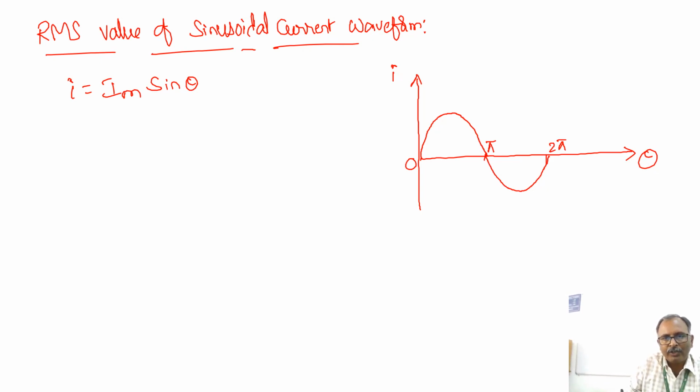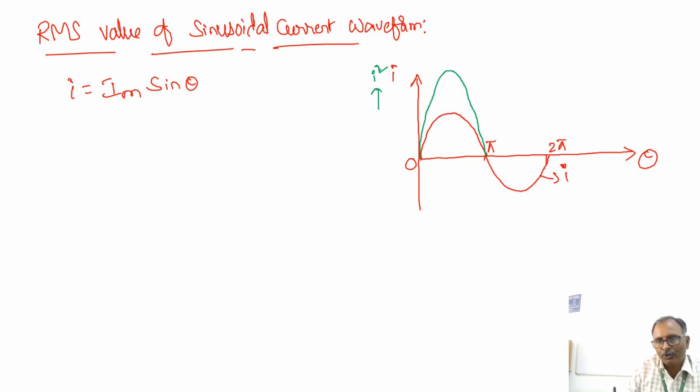Now, in order to get the I square, we need to square the current waveform. So this is the I current waveform. Now we need to get the I square. From 0 to pi, the values of I are positive, so the square of those values gives a waveform like this.